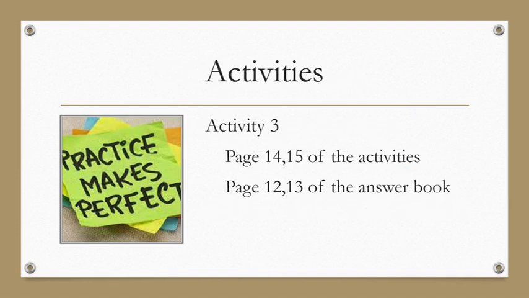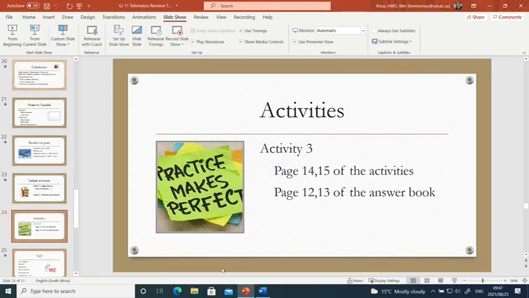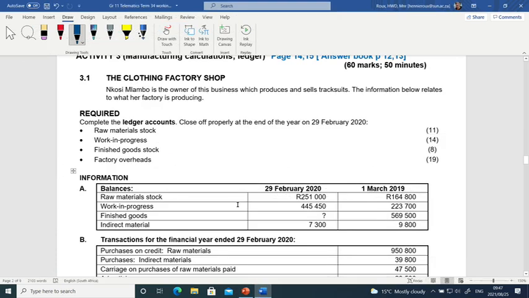Okay, we're going to look at the activity where we do these ledger accounts. So activity 3, page 14 and 15 in your activity books, and then page 12 and 13 of the answer books. So let's do some of those accounts.